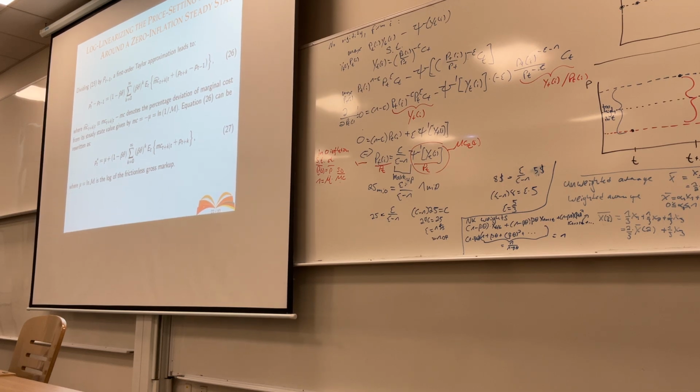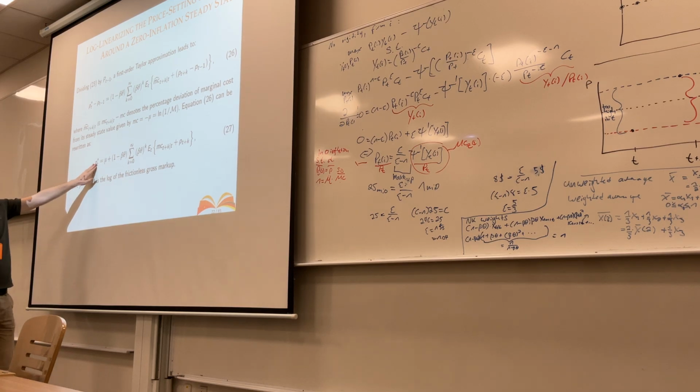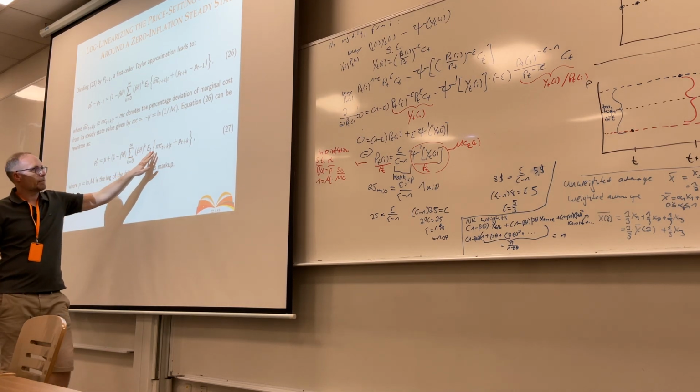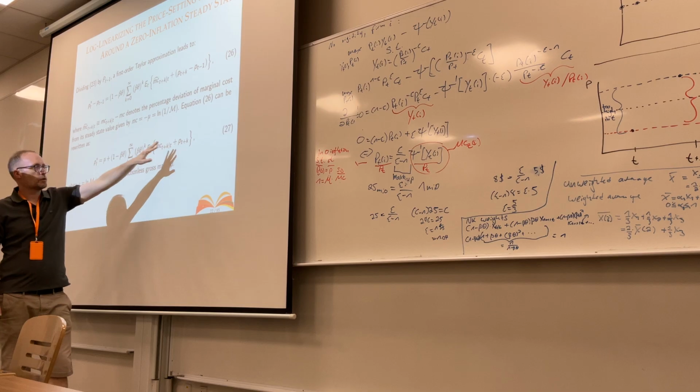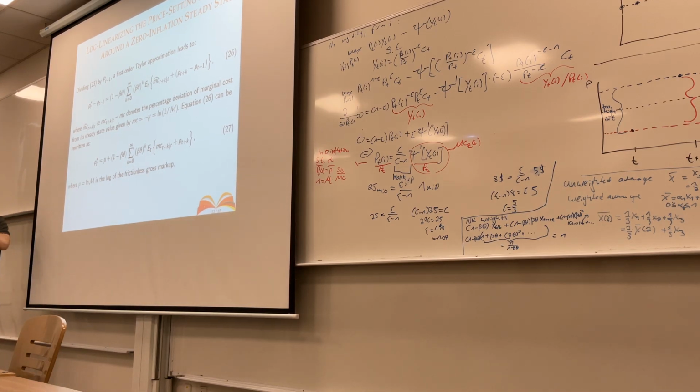Right, another way to write this, if we write this instead of the log deviation of marginal cost from the steady state value in terms of just the actual log of the markup, then we get here what I was saying. This optimal price is the weighted sum of these current and future nominal marginal costs, right? And that here is the frictionless gross markup in logs.